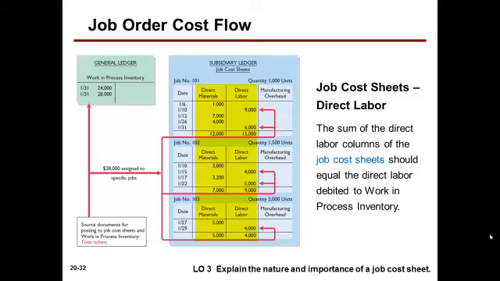If we add up all direct materials for job 101, 102, and 103, 12,000, 7,000, and 5,000 respectively, and all direct labor assigned to job 101, 102, and 103, 15,000, 9,000, and 4,000 respectively, they should total the amount in the work in process inventory of $52,000. These need to be kept in sync.